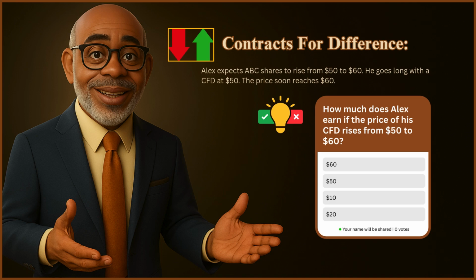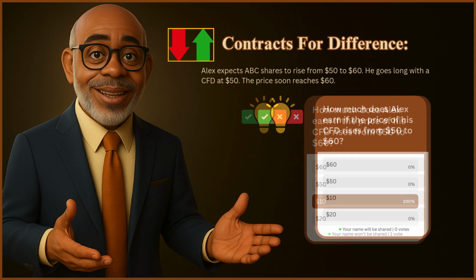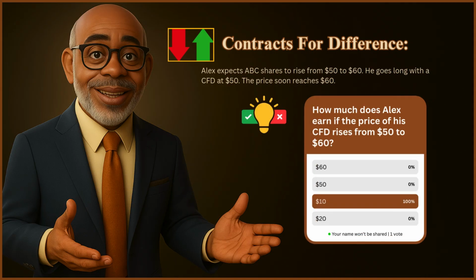You got this. The correct answer is $10. Alex went long at $50 and the price rose to $60. He earns the difference between the entry and exit price, $60 minus $50, which equals $10 profit.